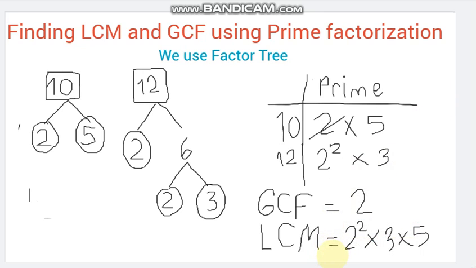Now we can see it here. 2 to the power of 2 is 4. 4 times 5 is 20. 20 times 3 is 60. So this is going to be 60. There we go, we have it now. So the LCM of 10 and 12 is 60.